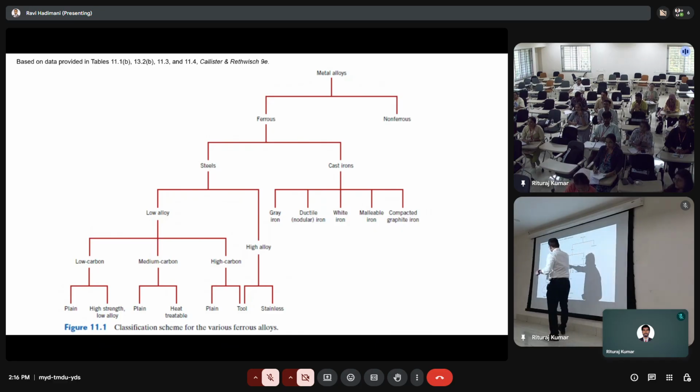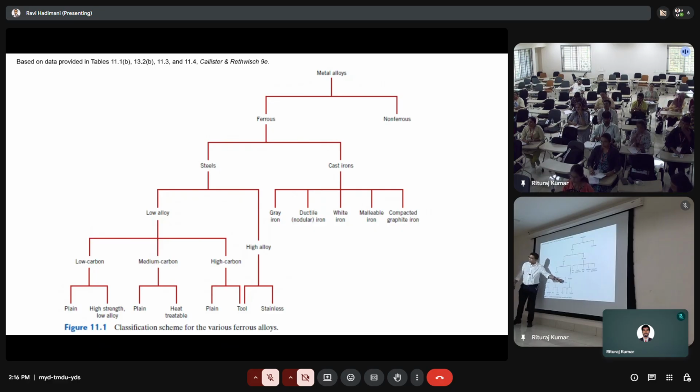And within steel, you have low carbon steel, which is below 0.5%, and medium carbon and high carbon. High carbon is above 1%. Again, in low carbon, you can have plain or you can have high strength low carbon steel alloy. So you see that, right? First, the composition determines whether you are ferrous or non-ferrous. Same here, steels are also determined by composition.